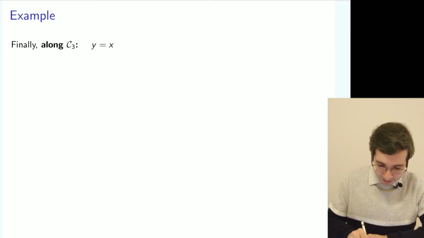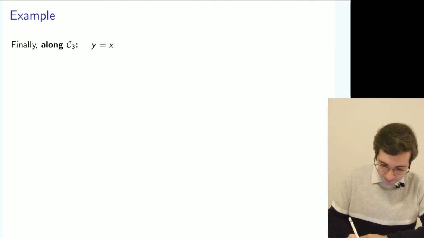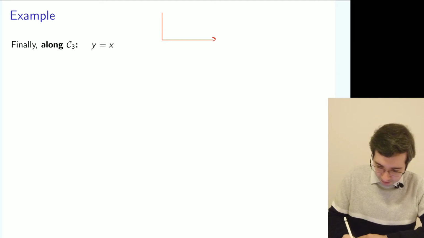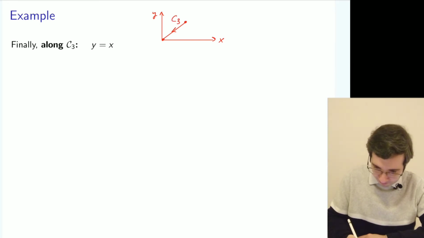Well, this time we integrate along a straight line, so let's just make a little sketch. So I have a line moving from that point to that point across a straight line. So that is our C3.